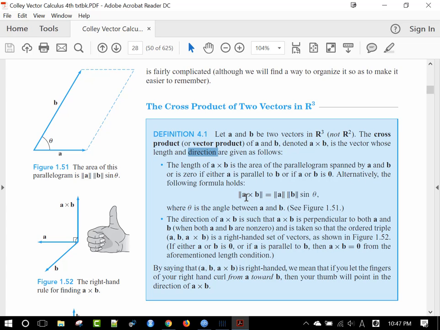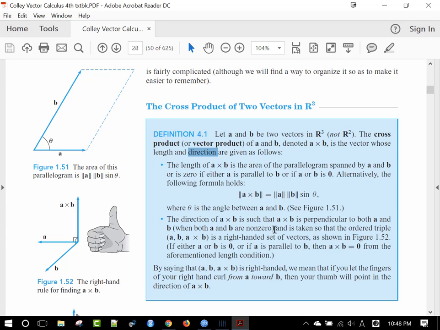Alternatively, the following formula holds. So this formula gives you the same thing as the area of this thing. So you can check that out, where theta is the angle between the two. Okay, the other part is the direction. The direction of A cross B is such that A cross B is perpendicular to both A and B, but that doesn't tell us everything, because it could be up this way or it could be down.